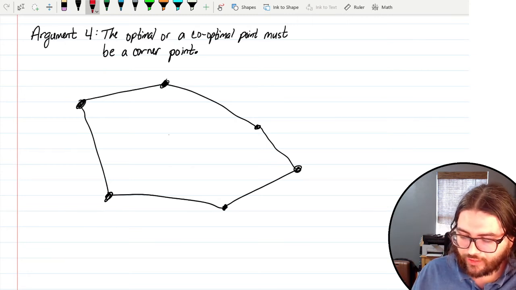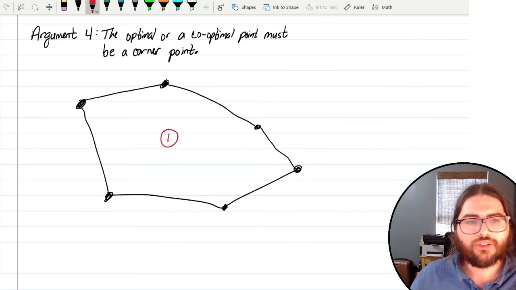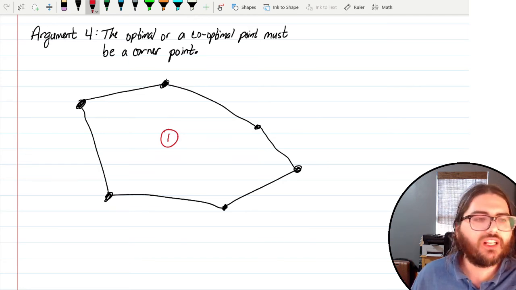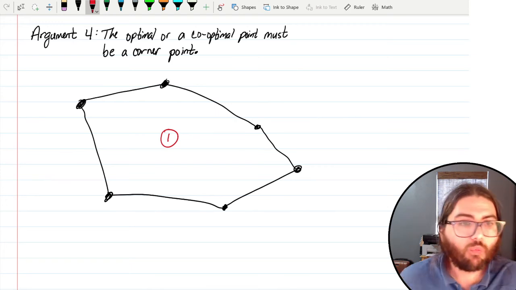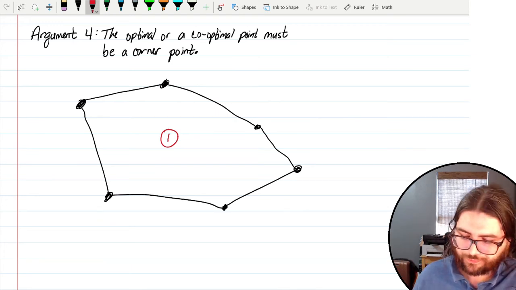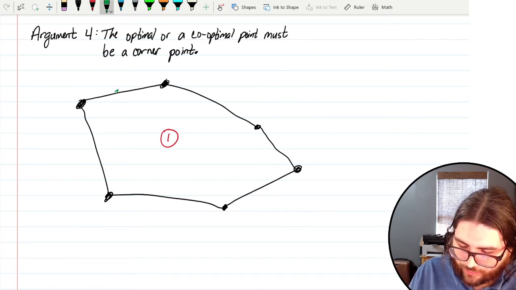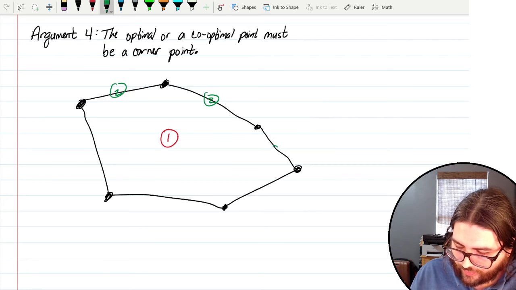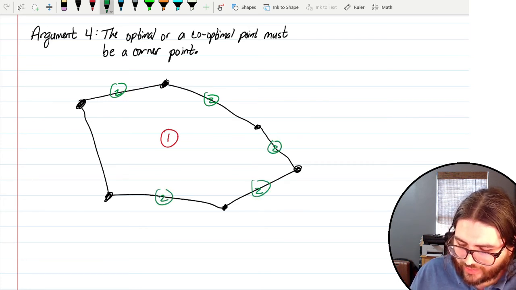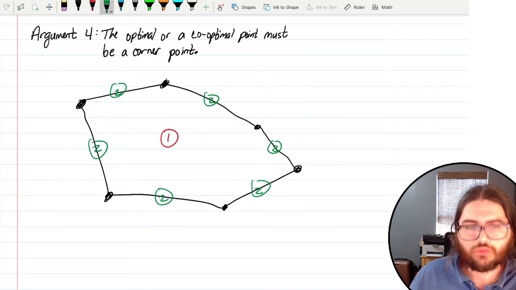So just like I did in the first diagram, the interior points were eliminated by argument 1. Can't be in the middle here. It will never be uniquely optimal, and the middle points won't be co-optimal either. Argument 2 said that all the boundary points, all the ones in between, are not allowed to be uniquely optimal.